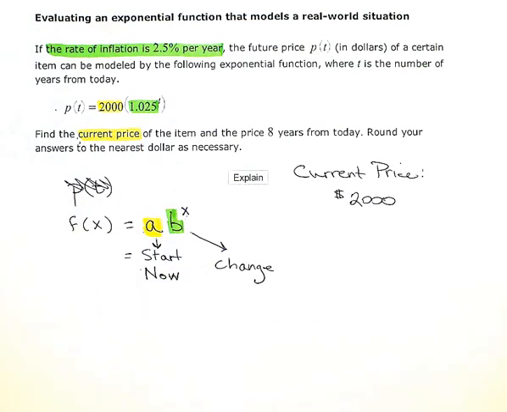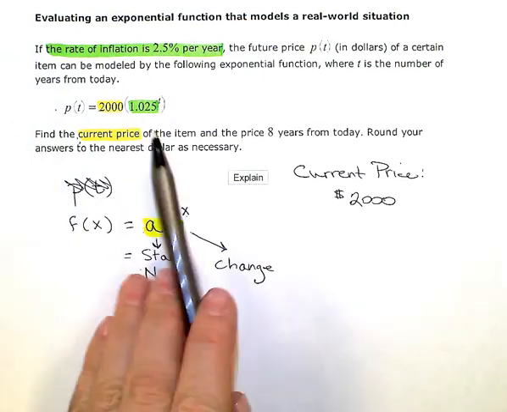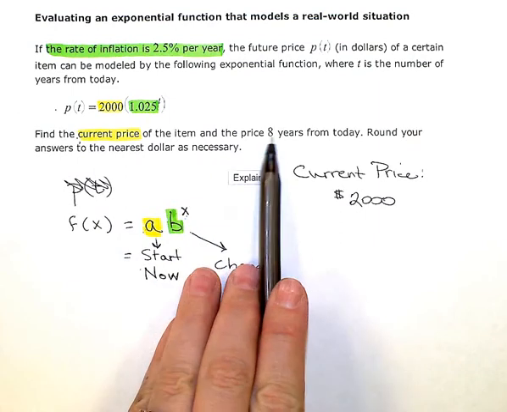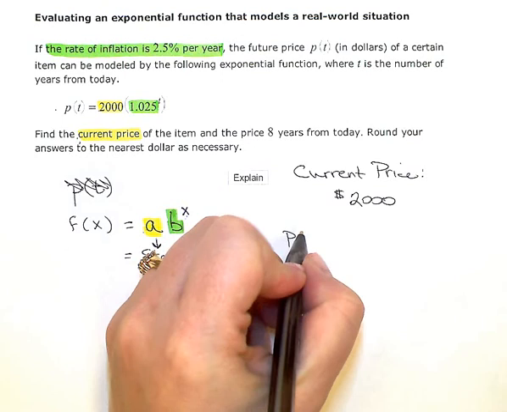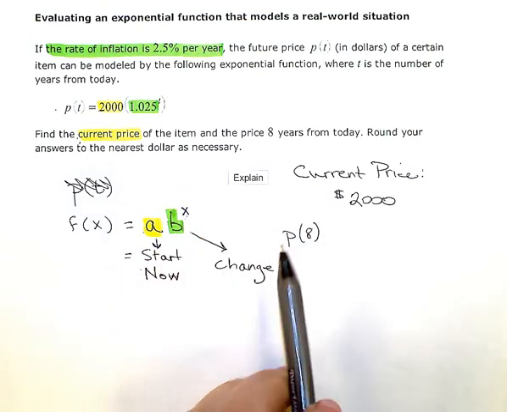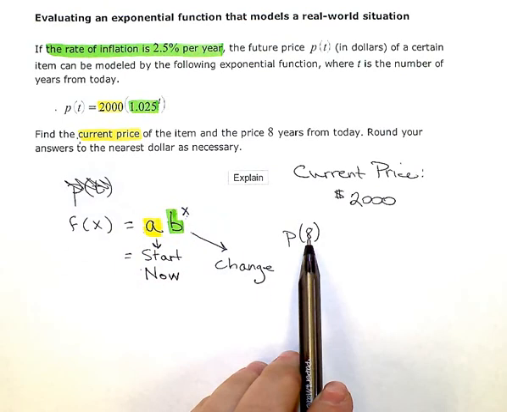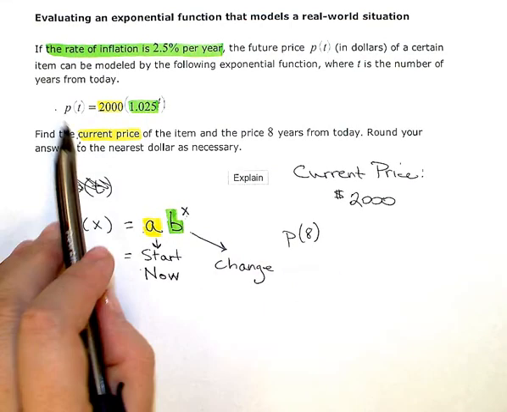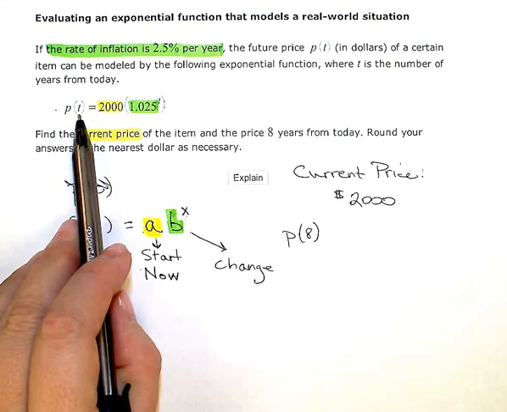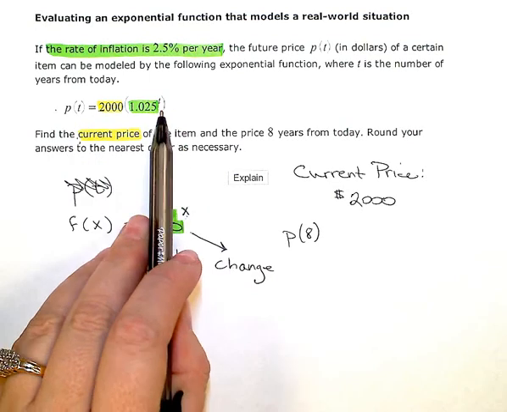So when they ask us to now find the price of the item 8 years from today, that means they want us to evaluate our function for 8, or find the price of the item 8 years from now. So we're just going to substitute an 8 in everywhere we see a t, okay?